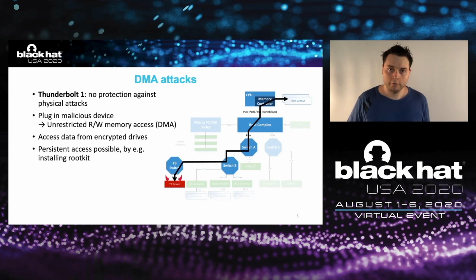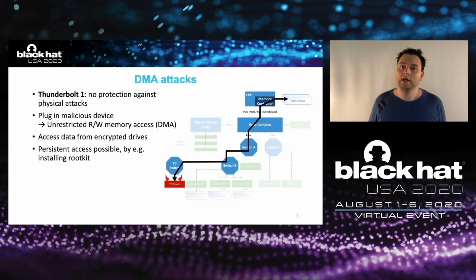Now, DMA is a very powerful concept. It enables high bandwidth, low latency use cases by putting the burden on the peripheral for copying the requested data directly into system RAM. But at the same time, this could also pose a security risk. And this was actually the case with Thunderbolt 1.